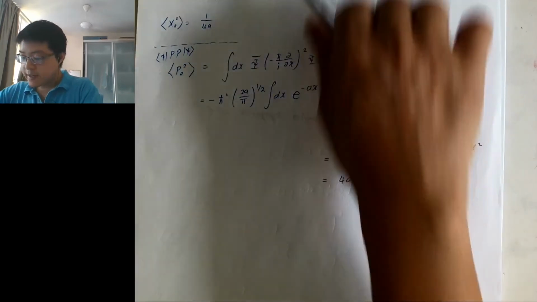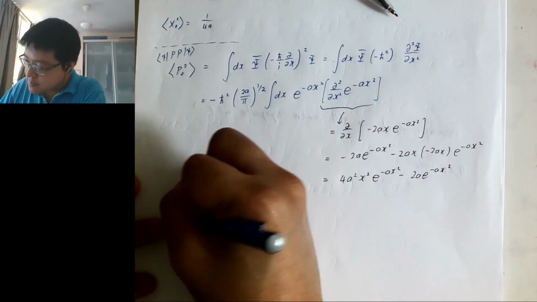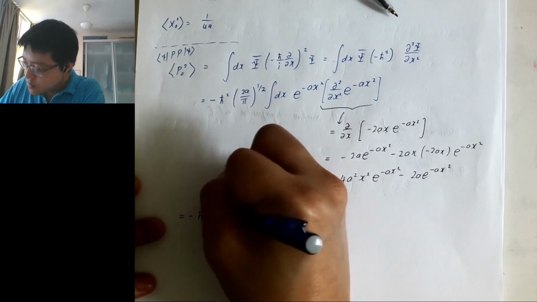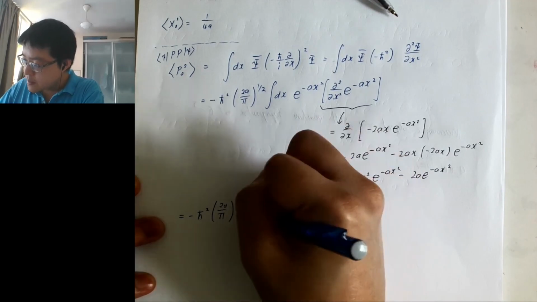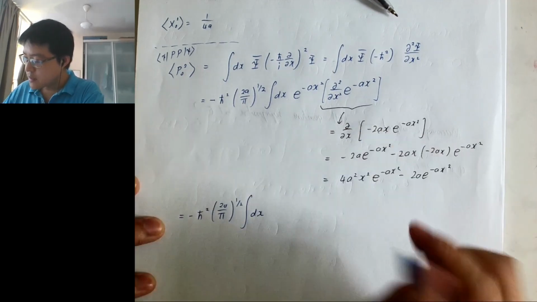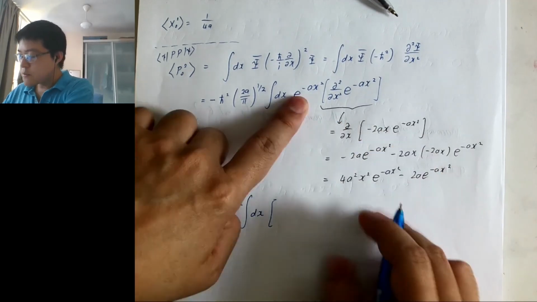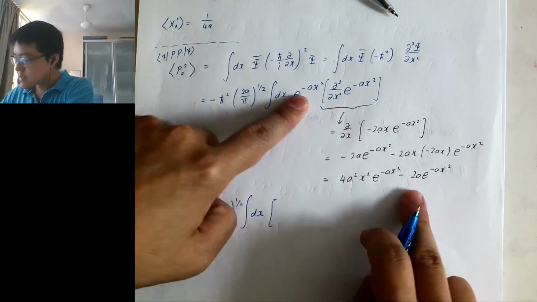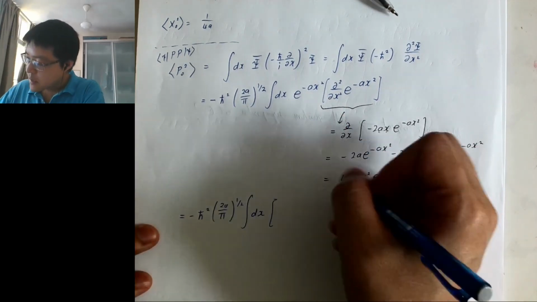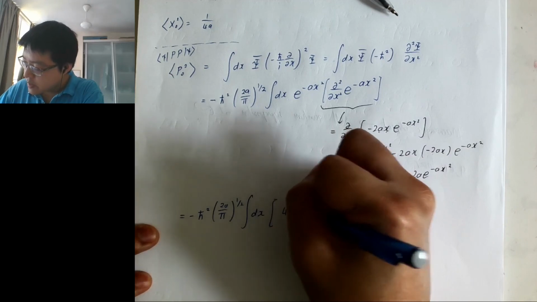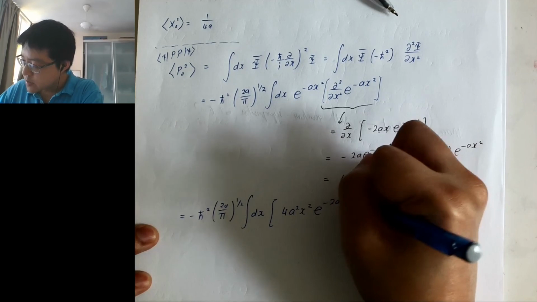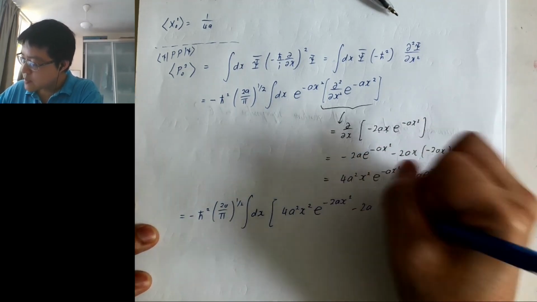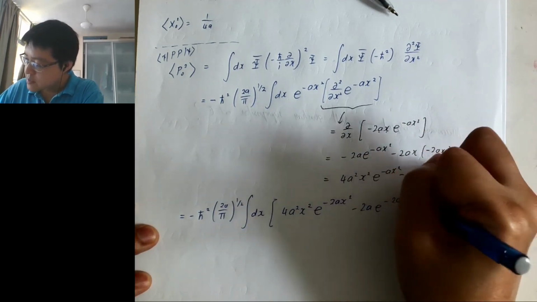So what I get here is minus h bar squared, 2a over pi to the power half, and then the integral with respect to dx. There is a factor of e to the minus ax squared, and I multiply inside, and I get 4a squared x squared e to the minus 2ax squared, minus 2a e to the minus 2ax squared.